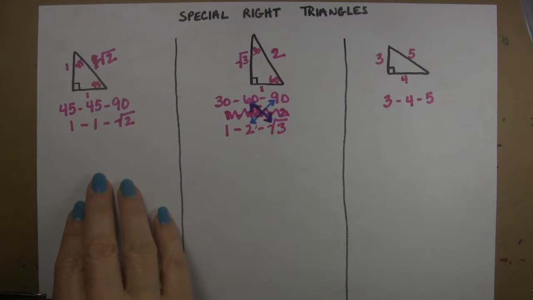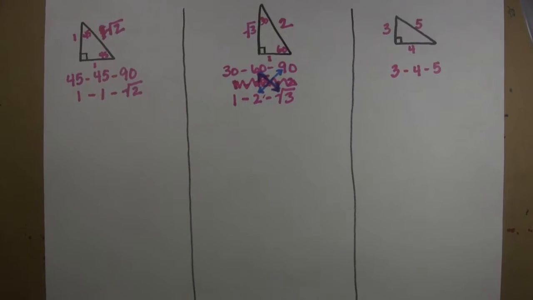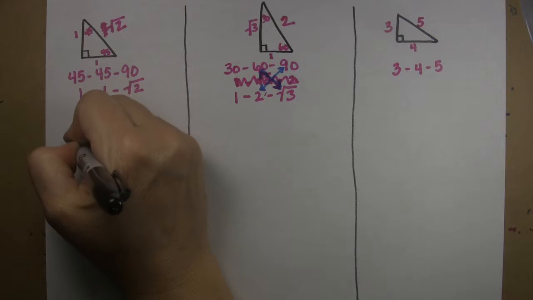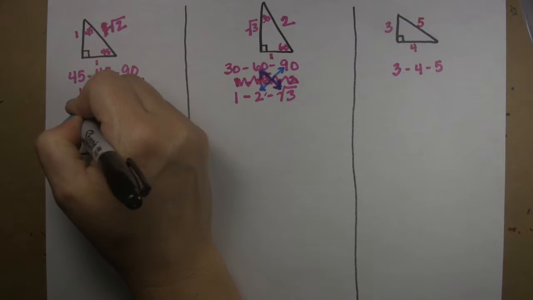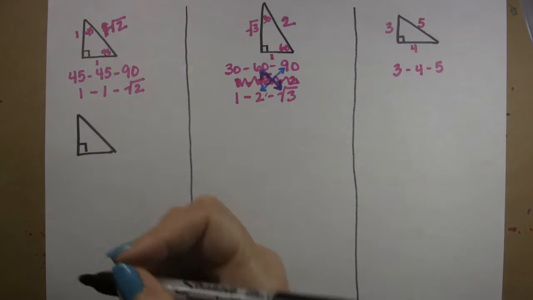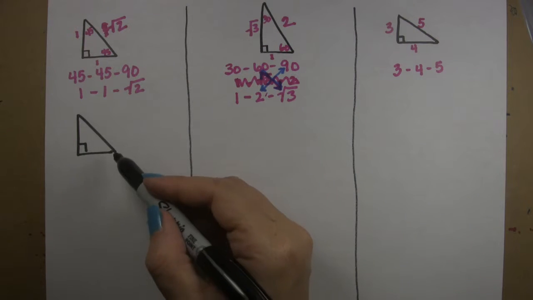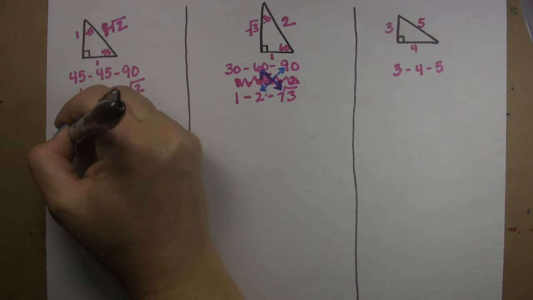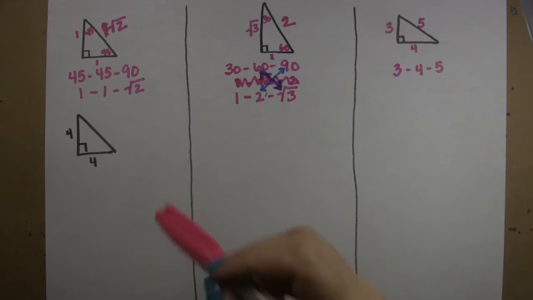So first we're going to start with the 45-45-90 triangle. And if I had such a triangle, and if it looked like this, which is just an approximation of what a real one looks like, let's say that I see this triangle and I know that this side is 4 and this side is 4.